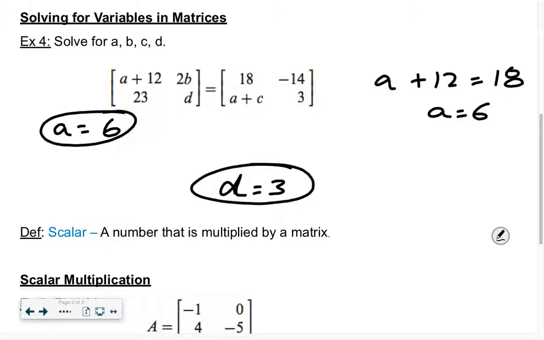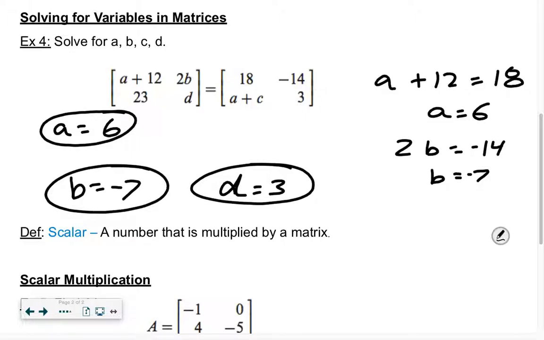If we go to B, 2B is equal to -14. Divide both sides by 2, -7. And lastly, if we locate where C is at, here it is. Now this A plus C, that one needs to be set equal to 23.